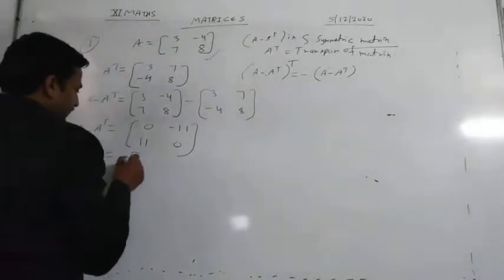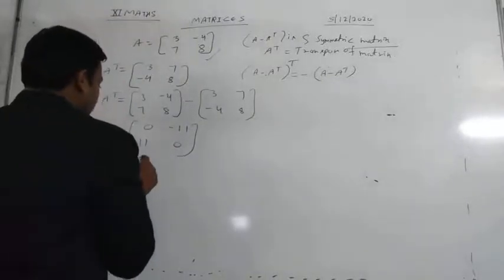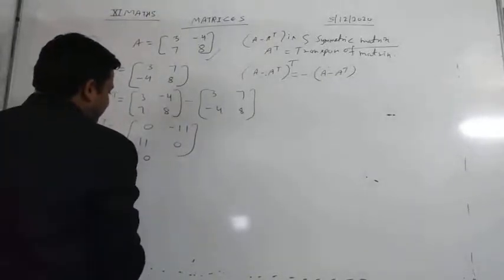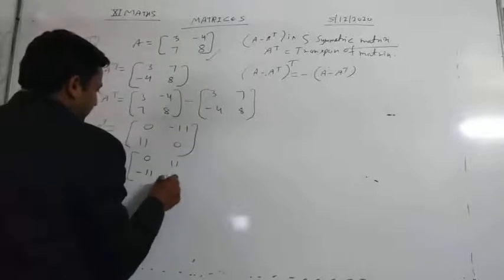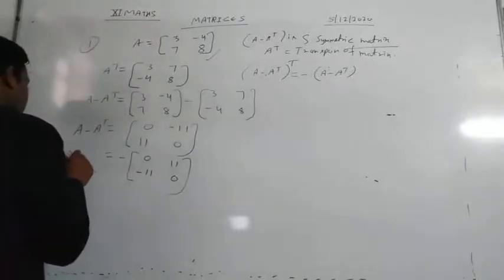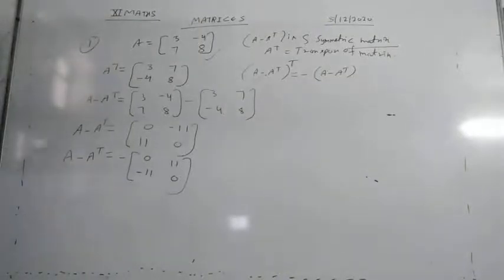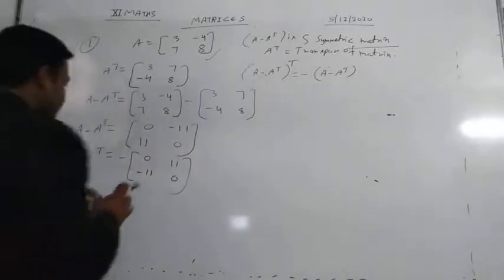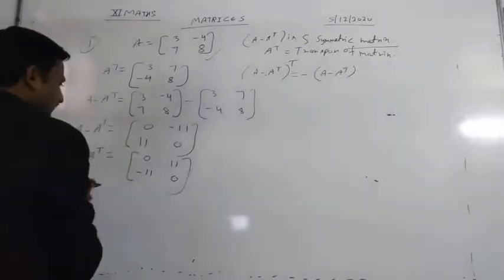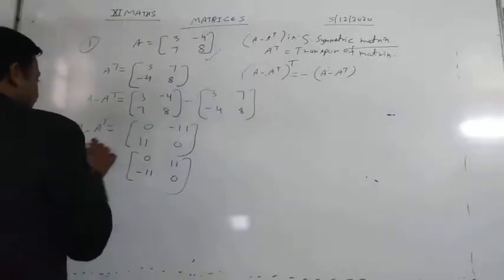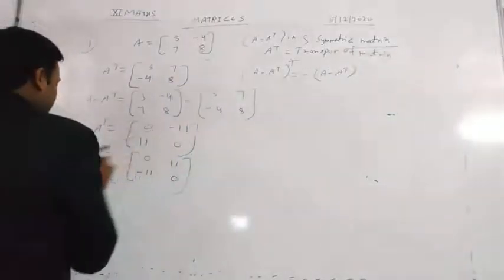Now taking the negative sign outside, we get 0, 11, minus 11, 0. So A minus A transpose is this. Now we will take the transpose of this matrix.